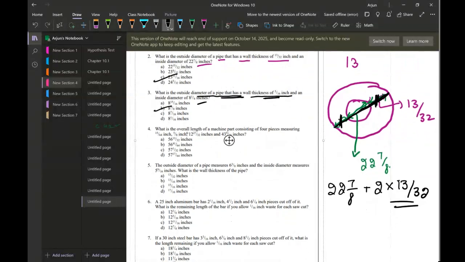Now the next question: what is the overall length of a machine part that consists of 4 pieces measuring this? So what you need to do in this one is just add all these four. Again, very easy question.